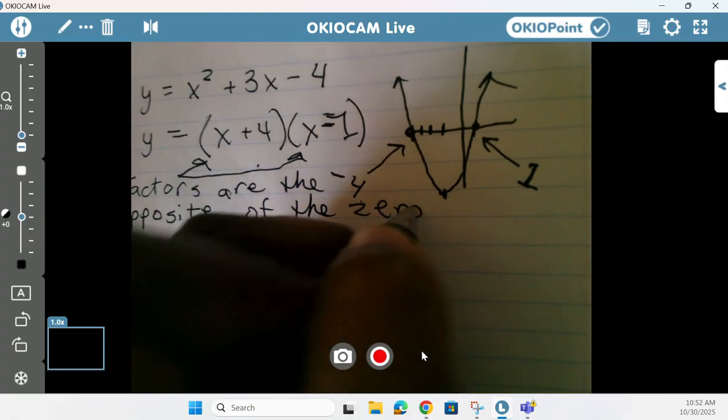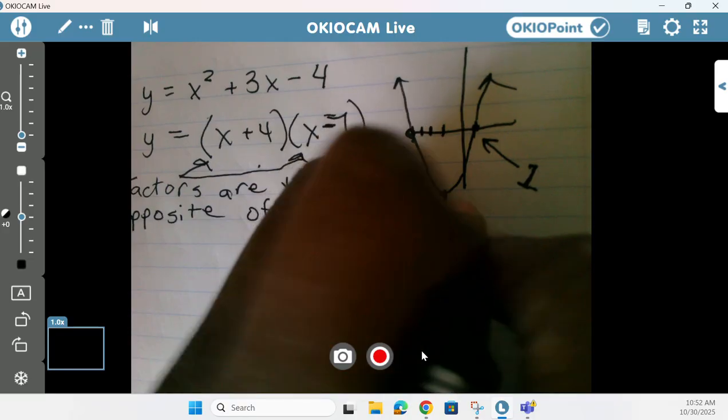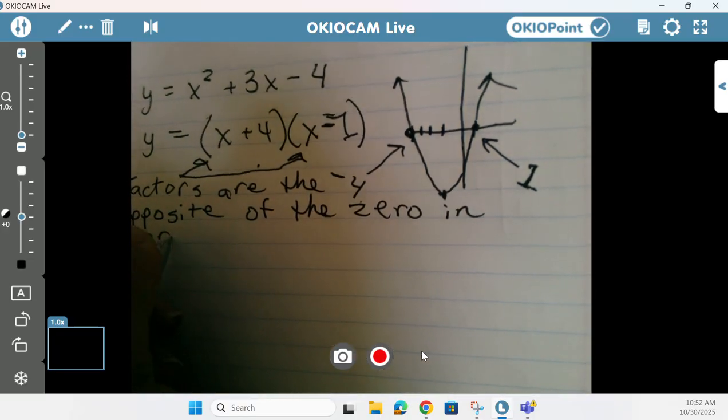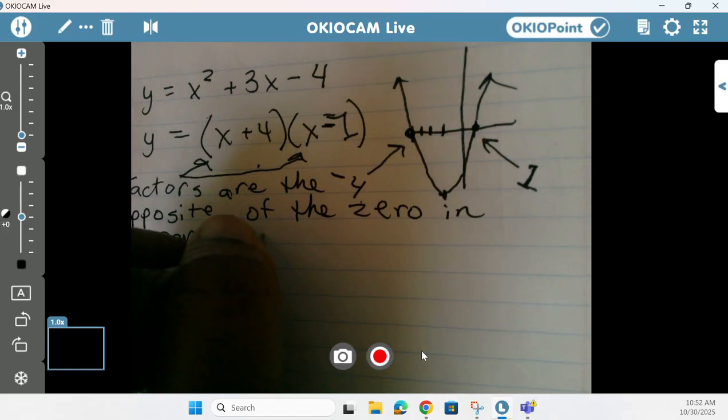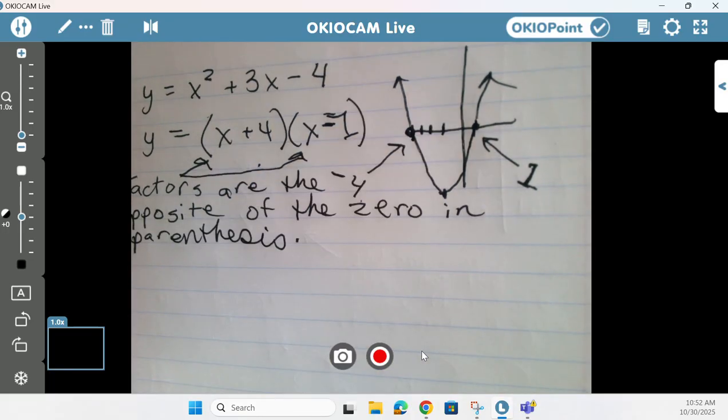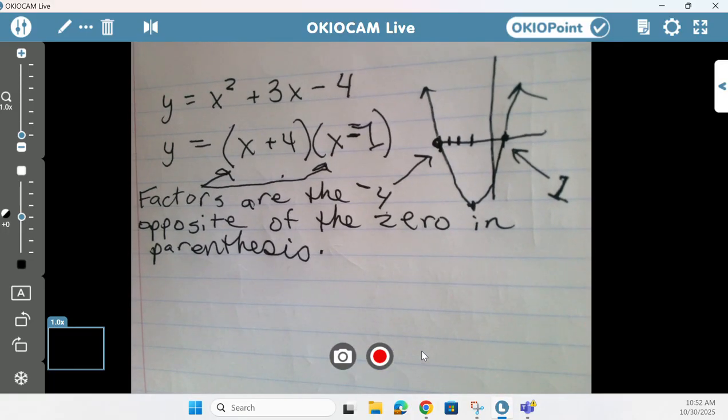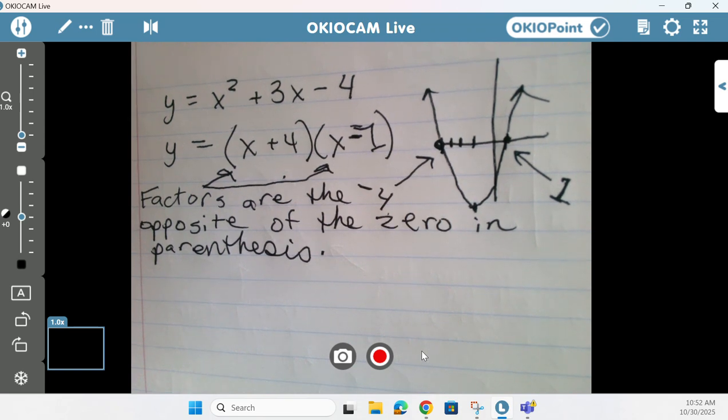Put them in parentheses. Now, we have enough information to write a quadratic ourselves before we add on.